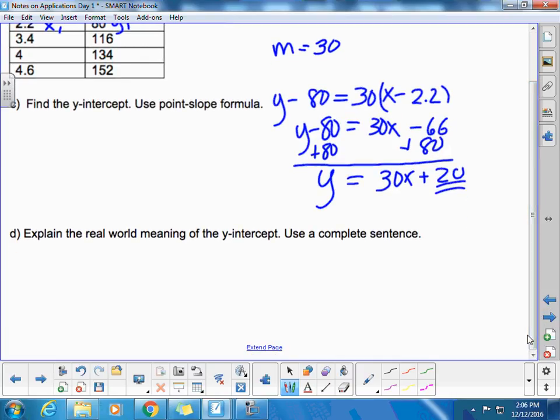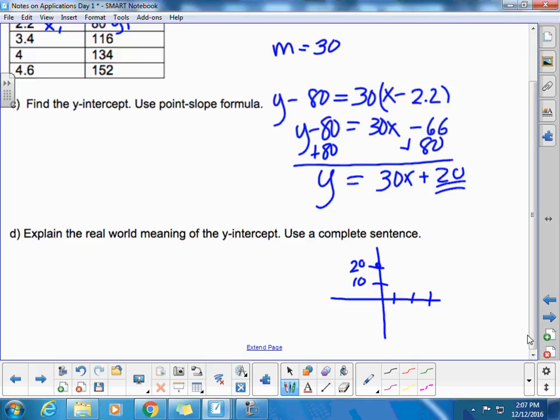It means when we started, we're 20 feet high. So we started here at 20 feet high.